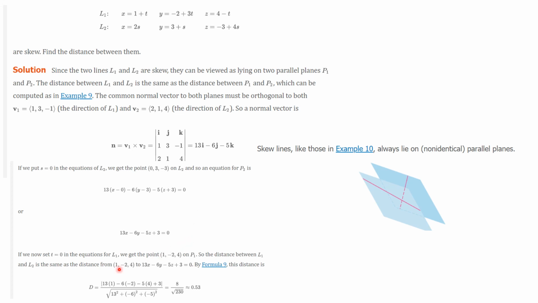So now we set t equal to 0 in the equation for L1, and we get that this point is on P1. So the distance between them is the same as the distance from this point to this plane. And here's the formula. We get 8 over the square root of 230. Make sure you check you can do these calculations. And 8 over the square root of 230 is the exact answer, but it's approximately 0.53.